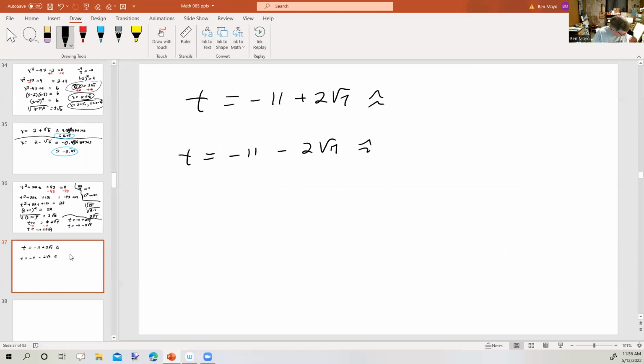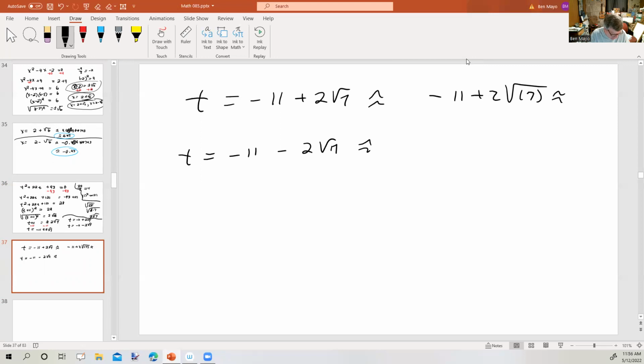So let's see here. Negative 11 plus 2 times the square root of 7. So I've got negative 11 plus 2 square roots of 7.